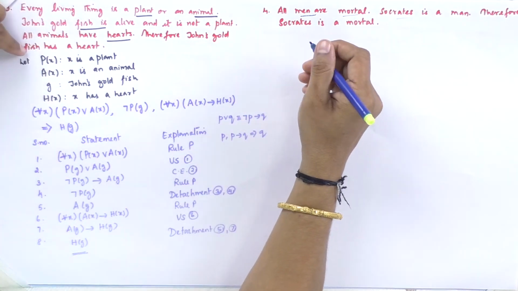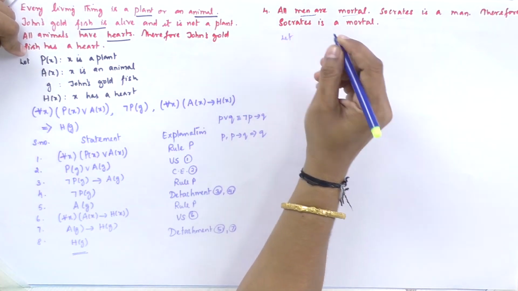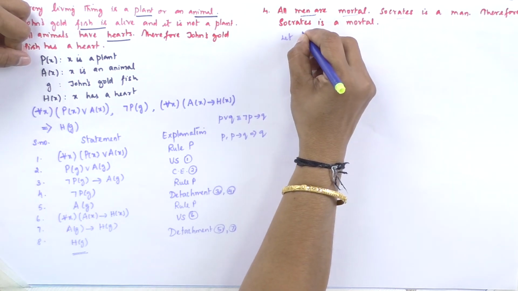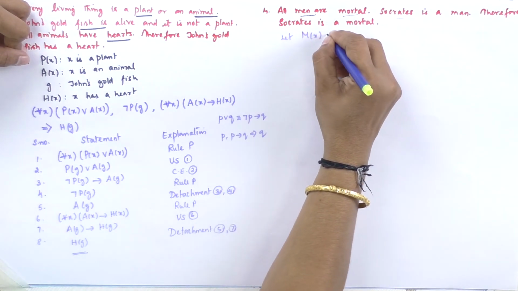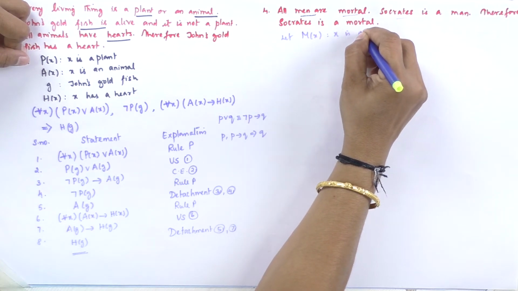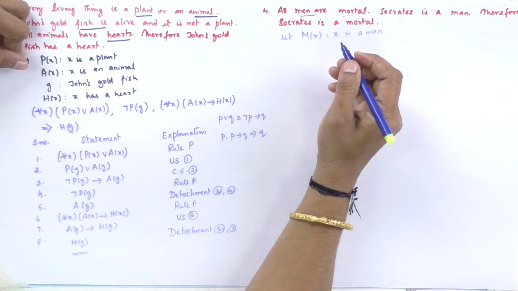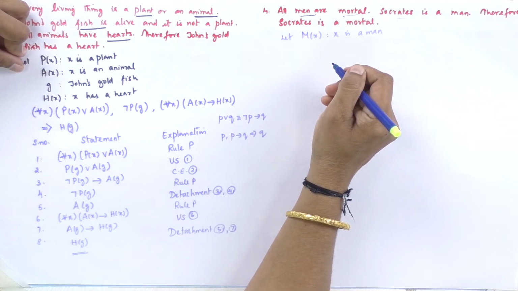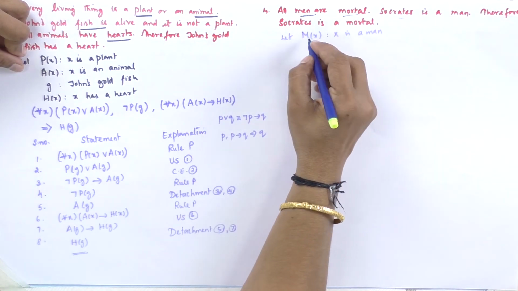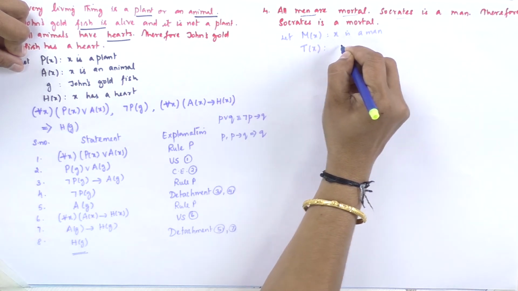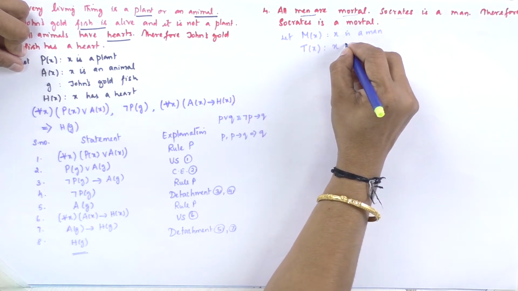Now we will denote: let M of x be a man. M of x is a man. Mortal, I can represent as some other variable, right? T of x. x is mortal.